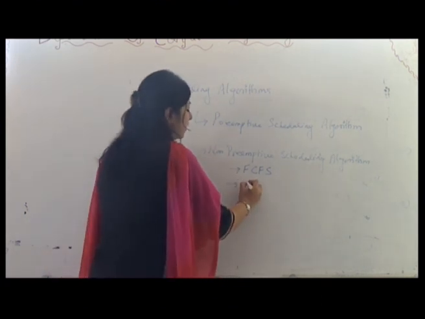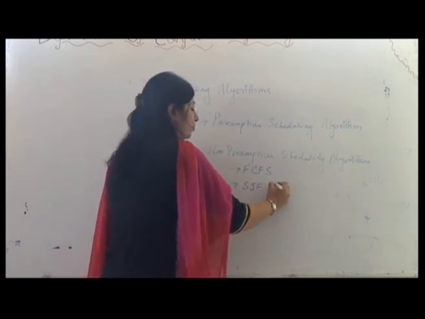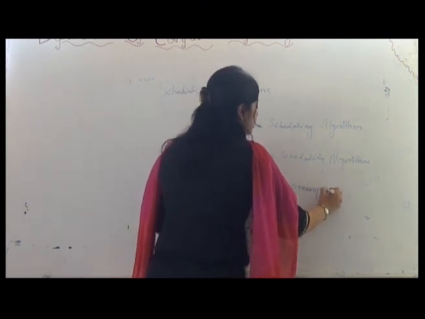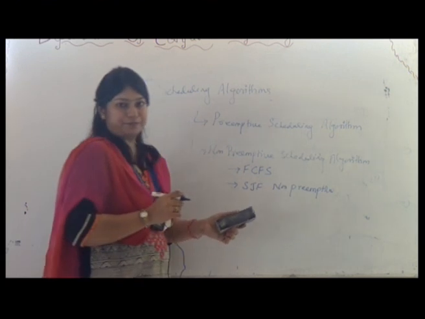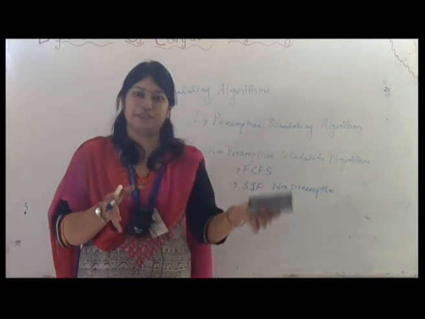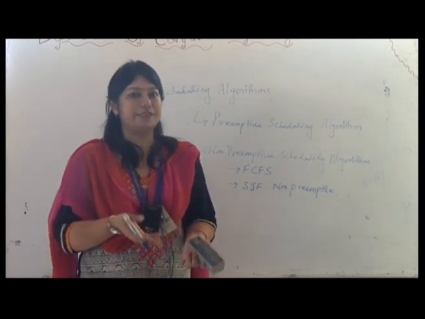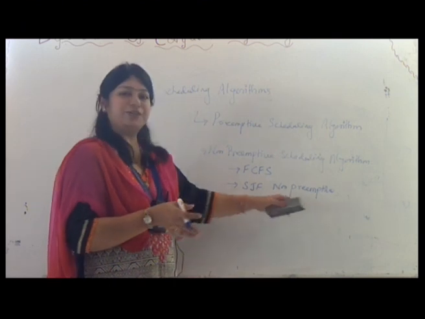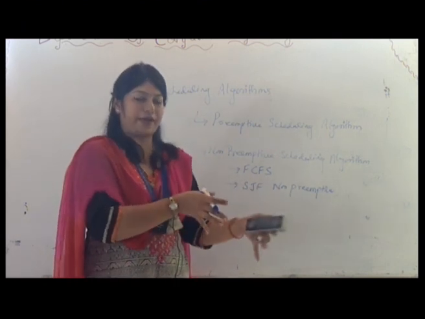Next non-preemptive is SJF non-preemptive. SJF is shortest job first. As in normal life also, we have so many jobs to be completed within a span of time. So, on what basis do we decide which job has to be done first? The simple scenario is we will try to complete first the work which requires less time.